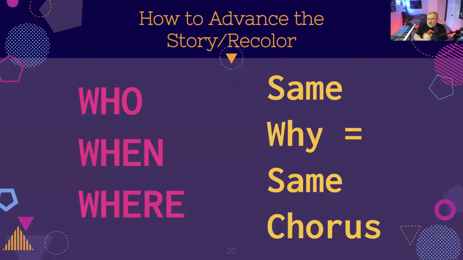The way that I think about it is, within your verses, you are able to advance a who, a when, and a where, but keep the same why. You could change the who, the when, the where from verse to verse, but the why stays the same.